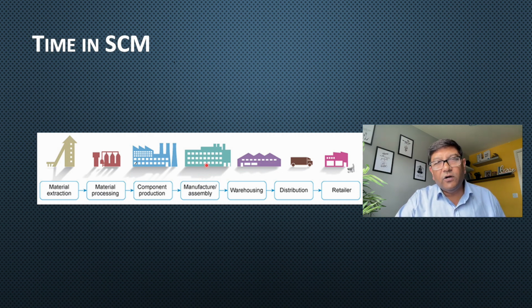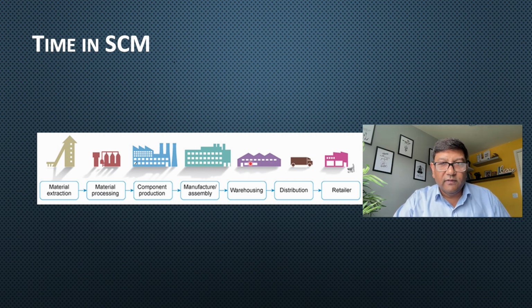Again, the same example: the retailer orders from the warehouse, the warehouse orders from the manufacturer, and the manufacturer might not keep an inventory of material in-house. They might need to order components, and the component supplier might need to order from material processing as well. Now, we need to reduce the lead time in the entire supply chain. One way to reduce the lead time is to keep inventory at every stage, so that when an order comes to the warehouse, they have it in stock.